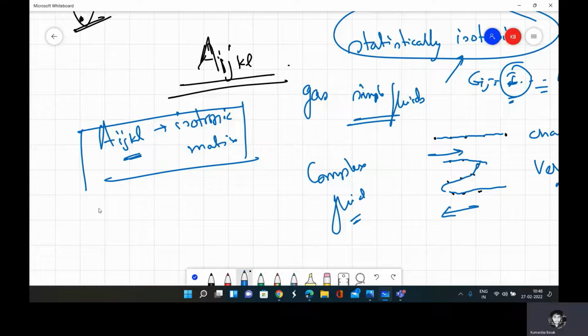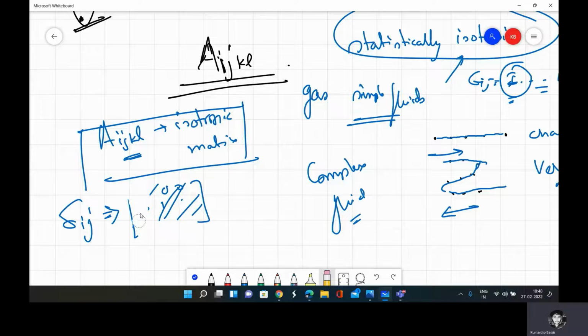Do you remember what was another second order isotropic tensor? That is delta ij. We are not considering a matrix form here. Let's just consider that if i equals j, in that case delta ij becomes 1, otherwise 0.